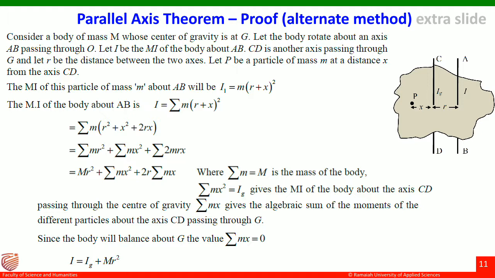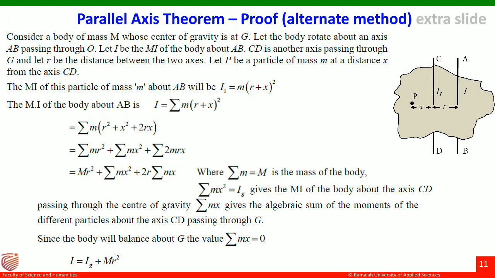As we know, the summation of m gives the total mass of the object, therefore the small m with the summation is replaced by big M, and the first term becomes big M r square. The second term we will retain as it is, and we will take out r from the third term, which becomes 2r into summation of mx.